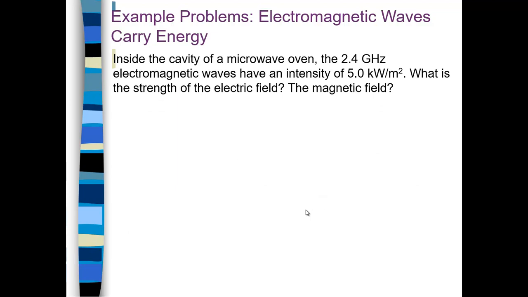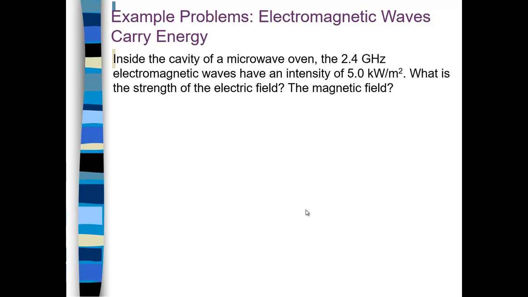Okay, so let's say we have a microwave oven, and the microwave oven has an intensity of 5 kilowatts per meter squared. And the magnetic waves are 2.4 gigahertz.